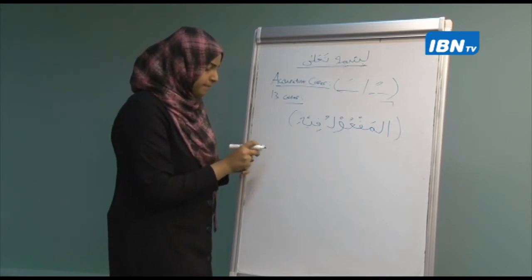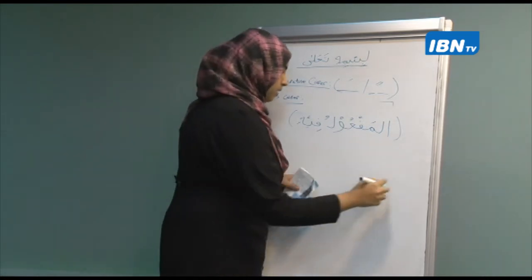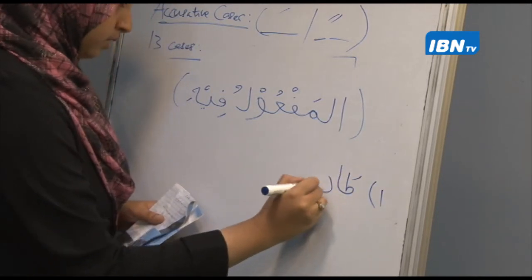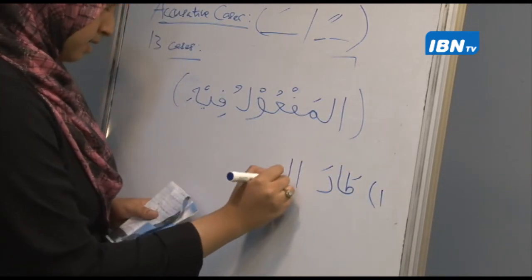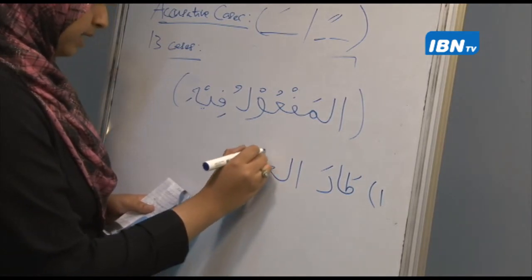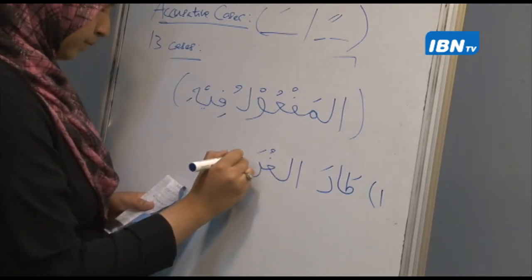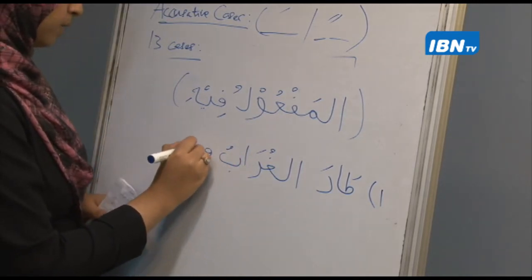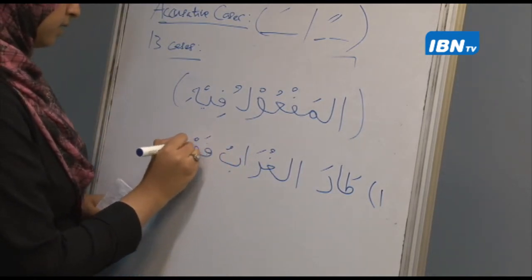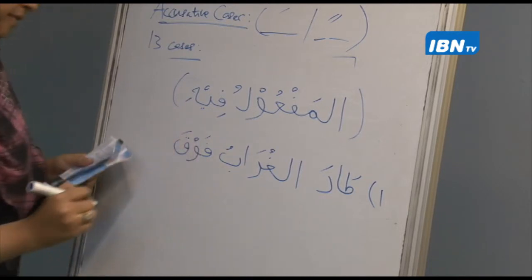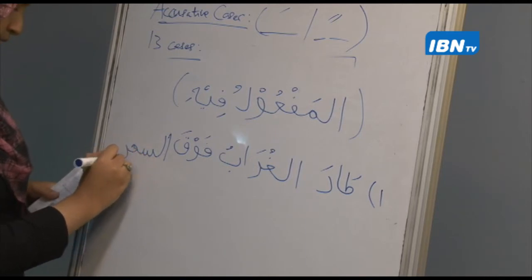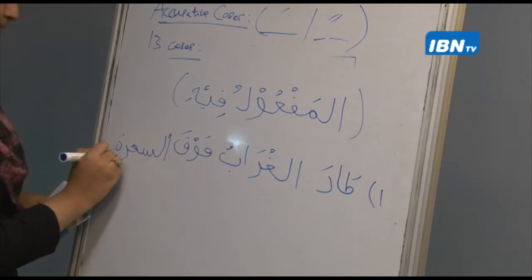So we look at the example. We have طار الغراب فوق شجرة.